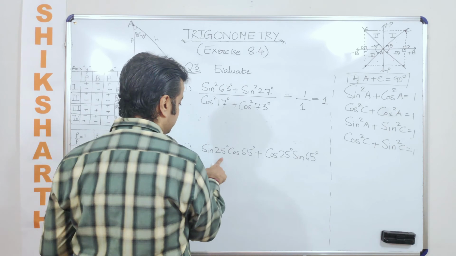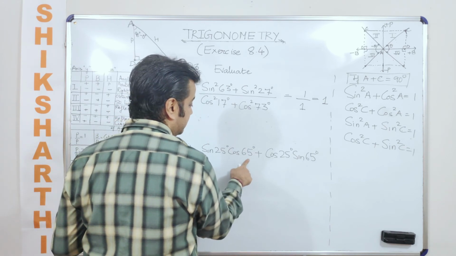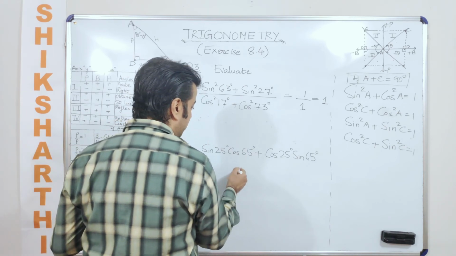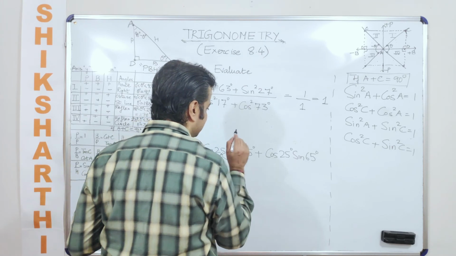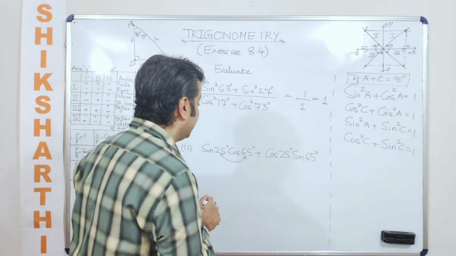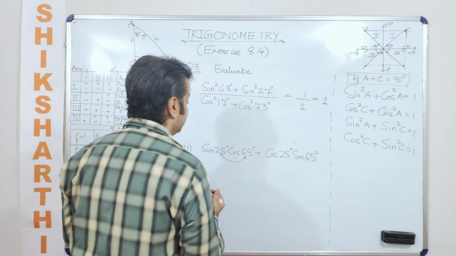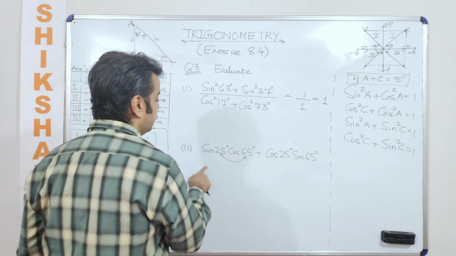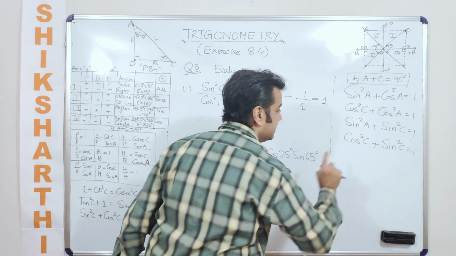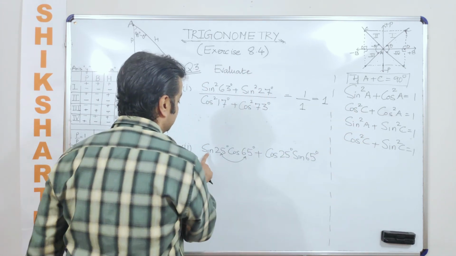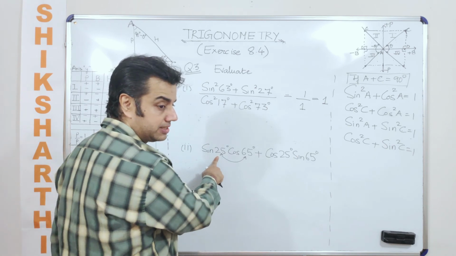Similarly, I know that sine 25 degrees and cos 65 degrees. Now we know that the sum of 25 and 65 degrees is equal to 90 degrees. So in that case, it becomes relatively easier for you to convert this into any one of these. For example, sine 25 degrees can be written as cos 65 degrees.